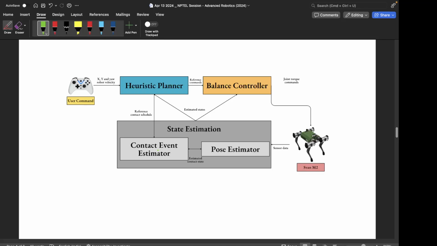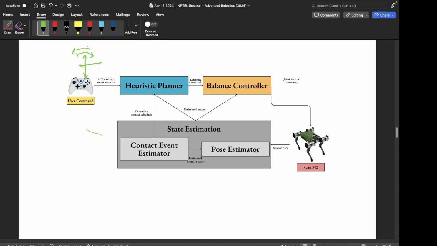So the user can command the robot to move in a certain direction using a joystick, and it can command velocities in the x, y, and yaw direction, right? So it can command either move forward or back, left or right, or turn left or right.